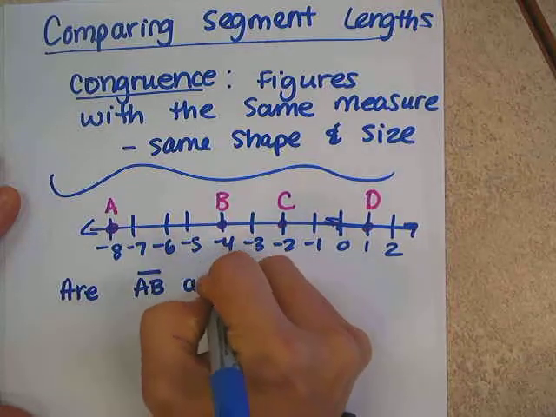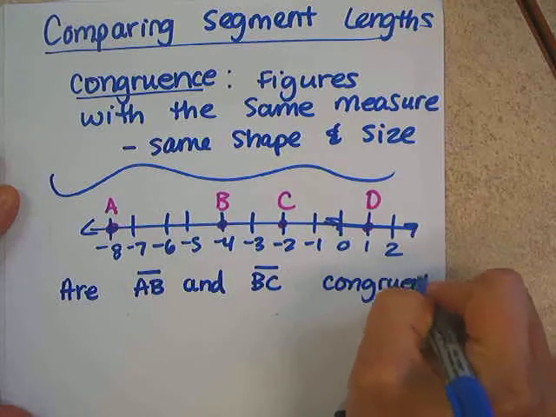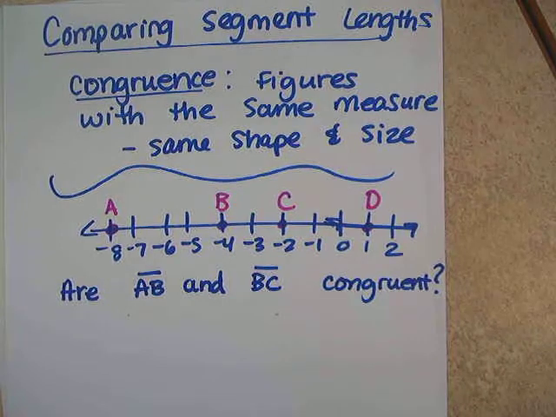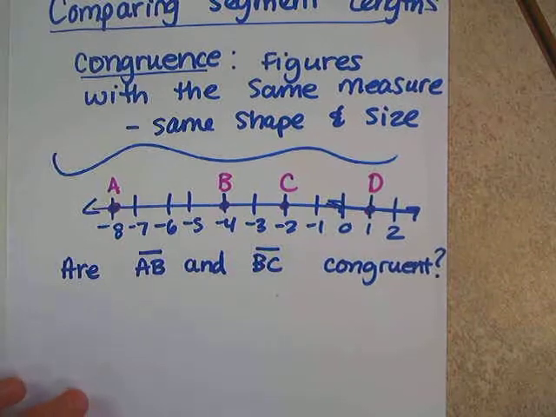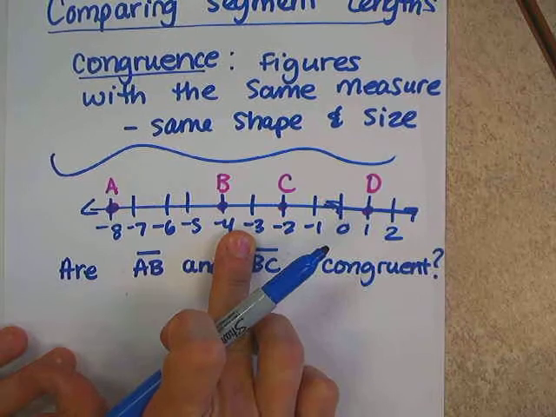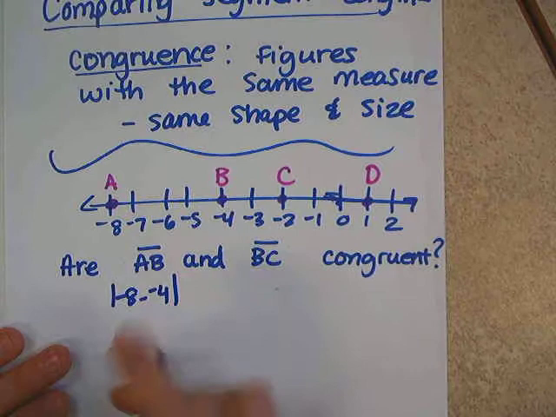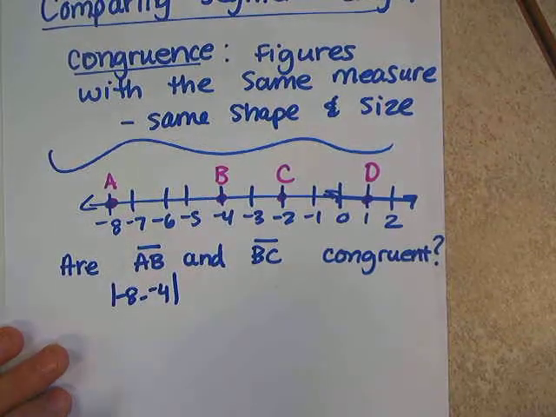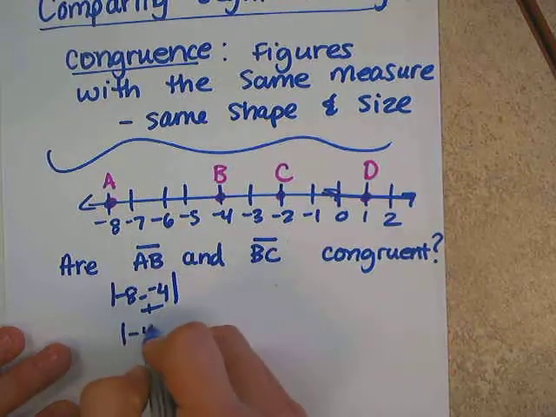So from this diagram, we're going to determine if some segments are congruent. Now, if I wanted to show work on this completely, I would use the ruler postulate. So AB is from -8 to -4. So AB would be -8 minus -4.